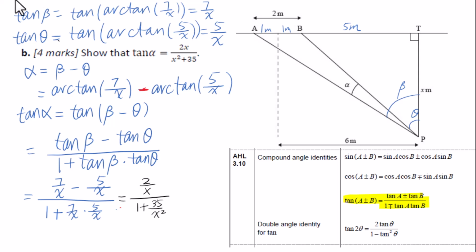This is a complex fraction. LCD is x squared, so multiply by x squared for each term. Simplify, you will get 2x over x squared plus 35.